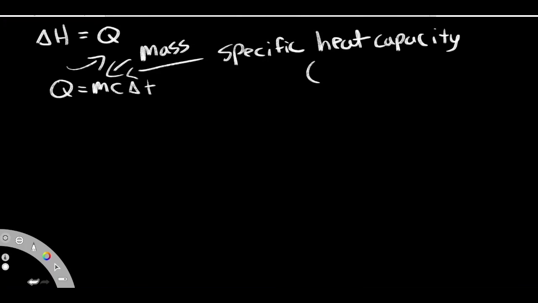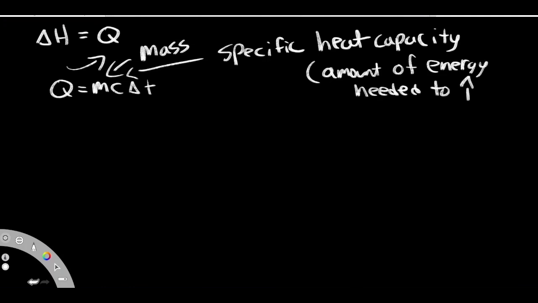The specific heat capacity is the amount of energy needed or required to increase the temperature of 1 gram by 1 degree Celsius.